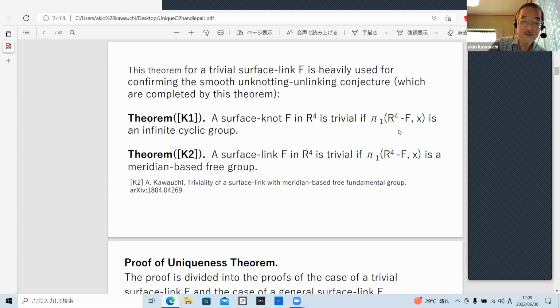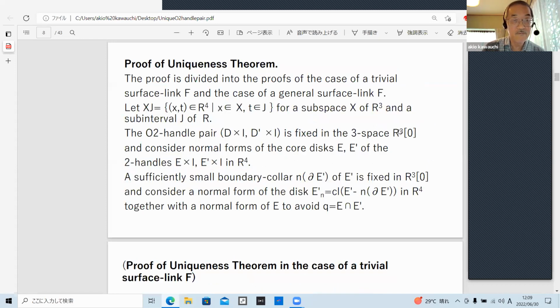The second is the disconnected surface case. So apply the uniqueness theorem.